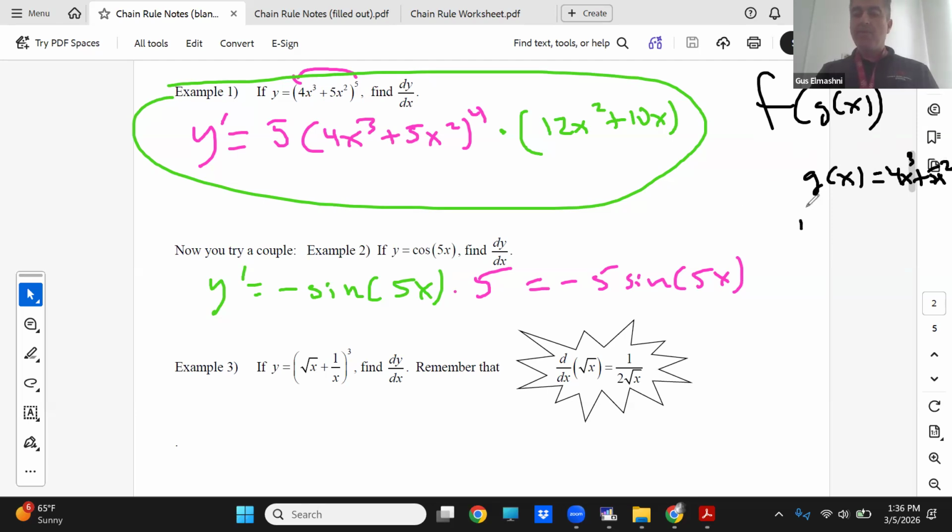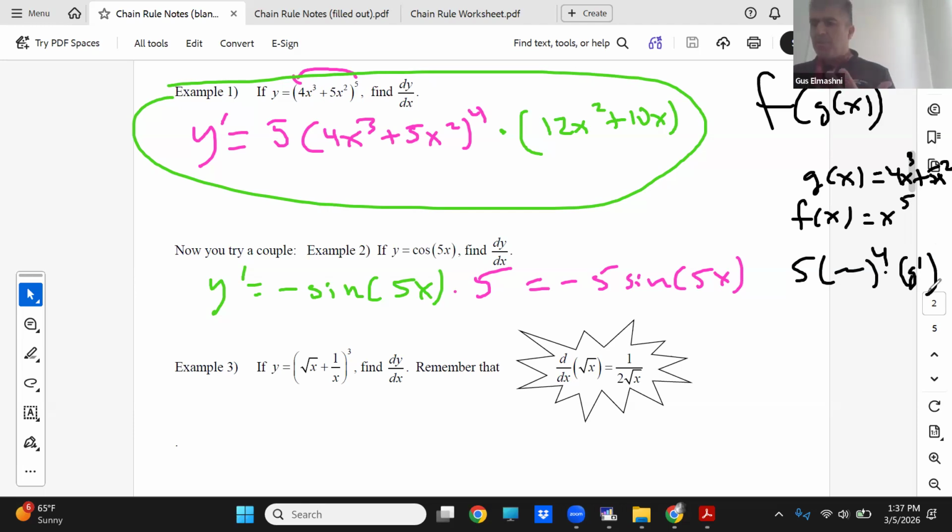What's your f of x? x to the fifth. You see how the 4x cubed plus 5x squared is thrown into x to the fifth, right? So when I take the derivative, it's 5 whatever raised to the 4th power times the derivative of g of x, or times g prime. So you see how that works. Likewise here, your 5x is the inside, your cosine is the outside.